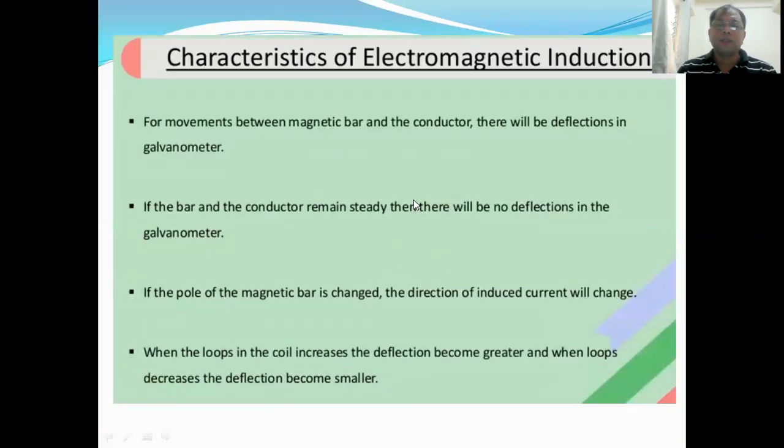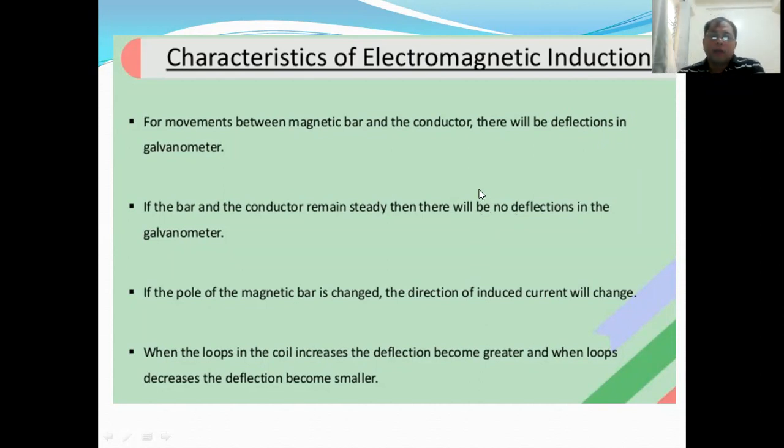Now, characteristics of electromagnetic induction. For movements between the bar magnet and the conductor, there would be deflections in the galvanometer. The galvanometer or ammeter needle will swing right and left. So it's a changing current, which is called alternating current.